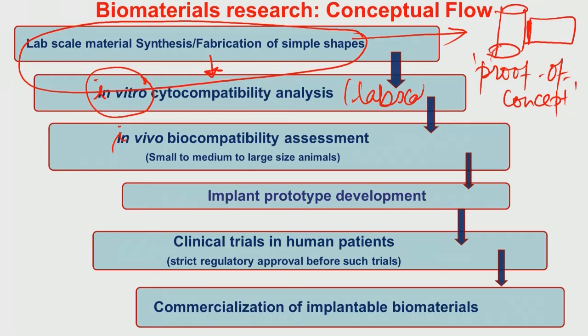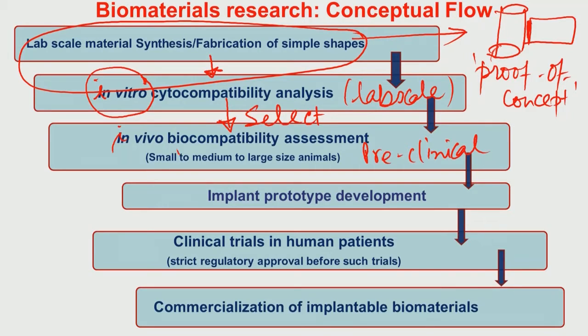Okay. Next level: once you select a material from a group of materials which has the best combination of both physical property and in vitro cytocompatibility property, you select that material and go to the next stage of research, called in vivo biocompatibility assessment, also known, as I said before, as preclinical study.